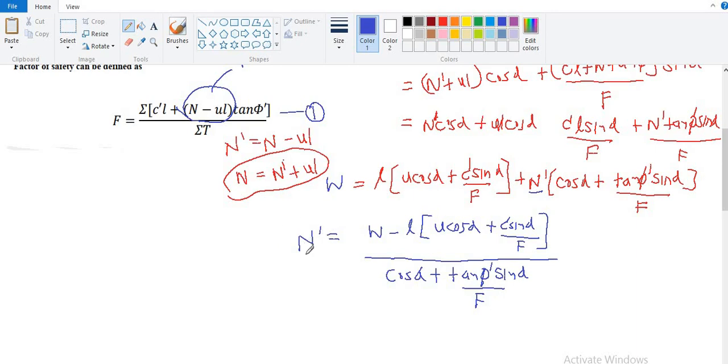So what we are going to do is take this N dash and put that in the original equation, equation number 1.